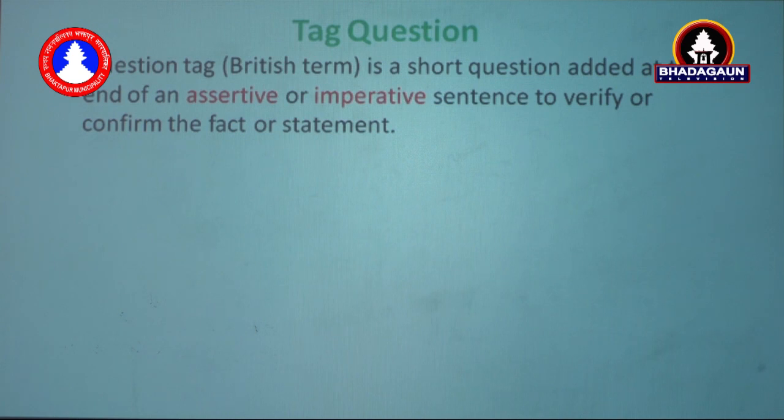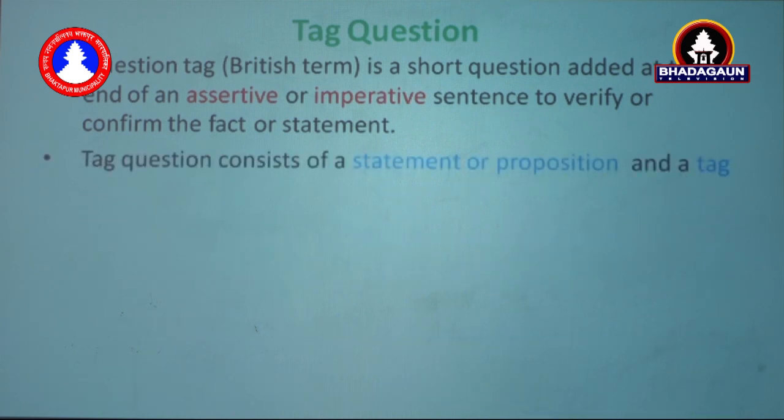It seeks the verification, it seeks the confirmation whether the statement information is correct. So tag question consists of a statement, or proposition also we say, and a second one is the tag. So it consists of two parts. One is statement or proposition and second one is the tag.